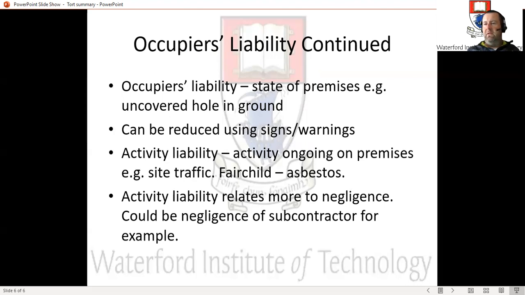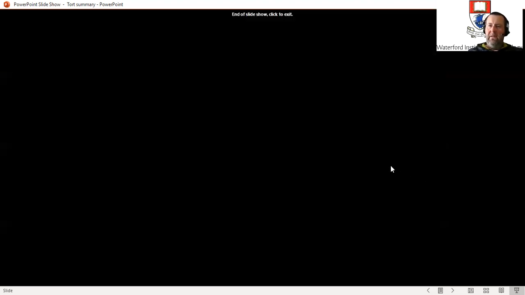It was only the process of removing the asbestos that would cause it to go airborne, and as that would be carried out by some independent contractor, then really that would be a negligence claim against that independent contractor, and not an occupier's liability claim against the occupier.